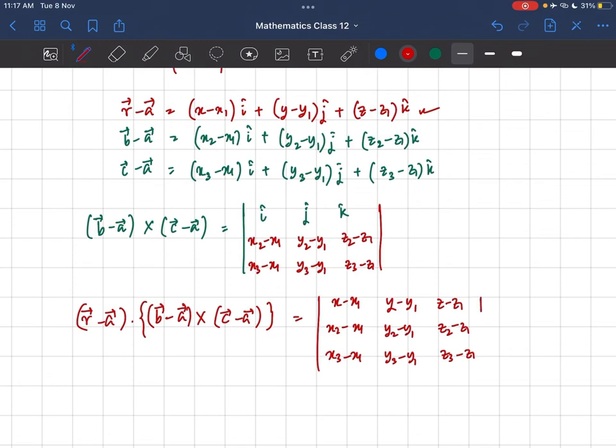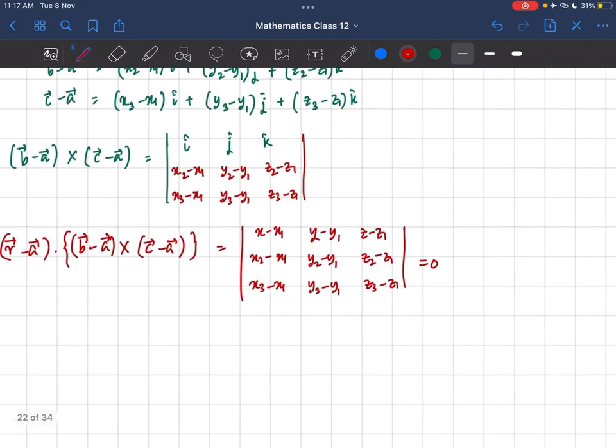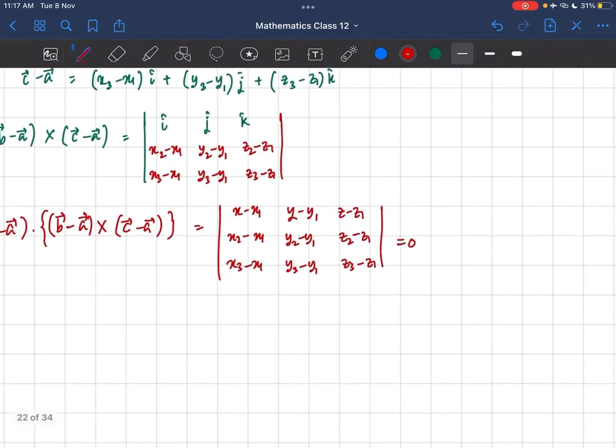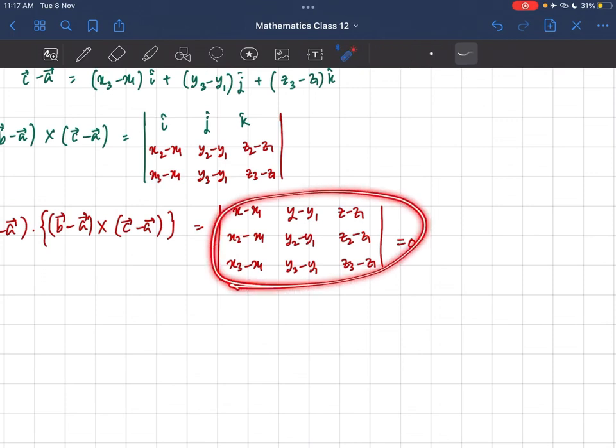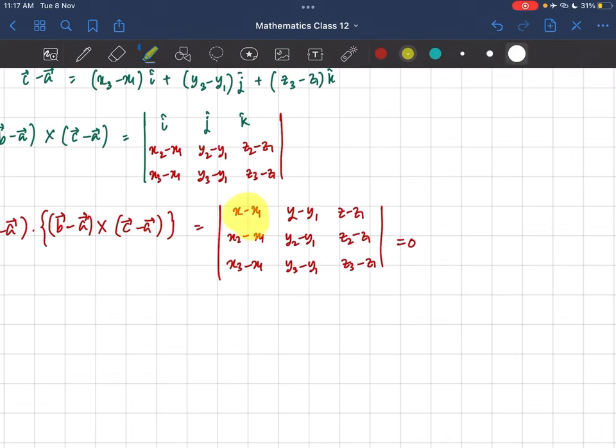So this expression here, this equal to 0, is nothing but your Cartesian equation of the plane.